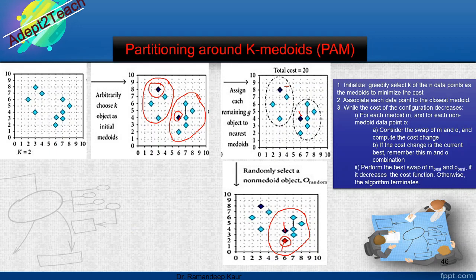If I treat this as the most centrally located item, then what is the overall cost of my performing this model, performing this prediction or giving outputs? So what is the cost of my system at that time? If the cost decreases, then I will treat this value as my new medoid or new most centrally located item. If it is increasing the cost, then I will remain with the existing previous medoid.